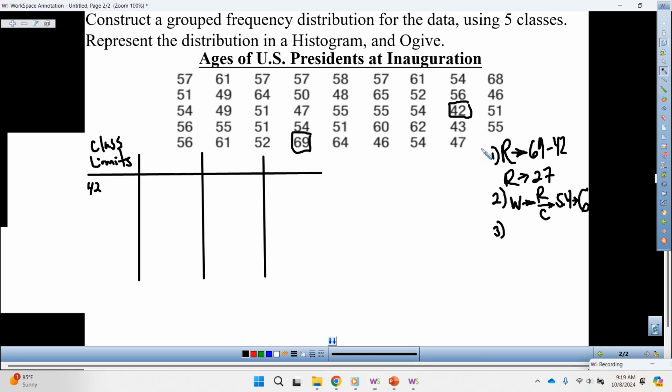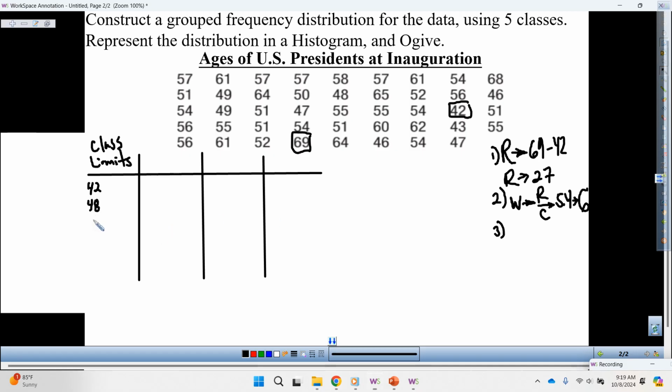And since we already know the width, tell your neighbor what to do with that, please. All right. Pass someone, please. Martin, what do I do next? Tell me what to write. Okay, so then 42 plus 6, 48.